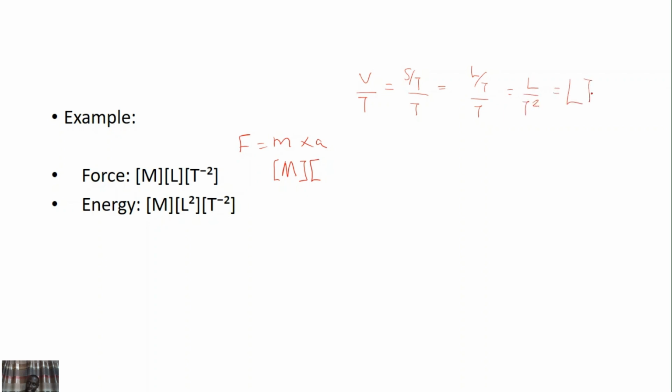L T raised to power minus 2. Okay? This is acceleration, right? Good. So this will be L, okay, times T raised to power minus 2. You can see that this is the dimensional expression of force. You can see how we derived it.